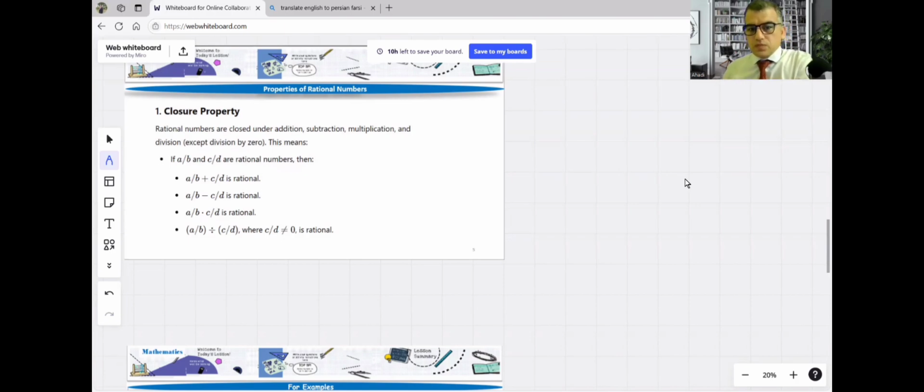Let's begin with addition. 1 by 2 plus 3 by 5. We know that for the addition of rational numbers, first we find a common denominator between these two denominators.